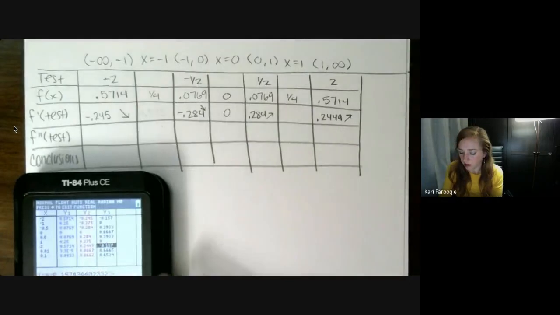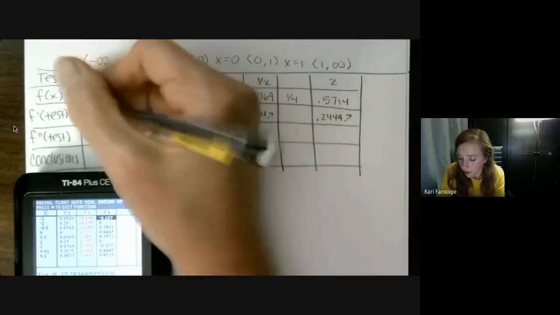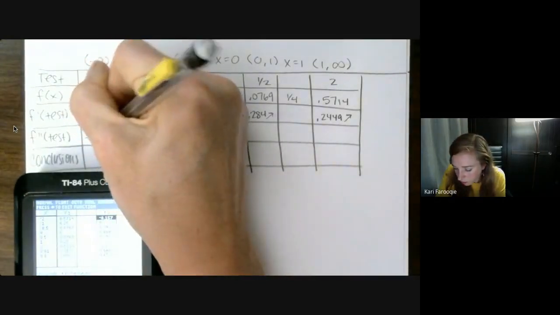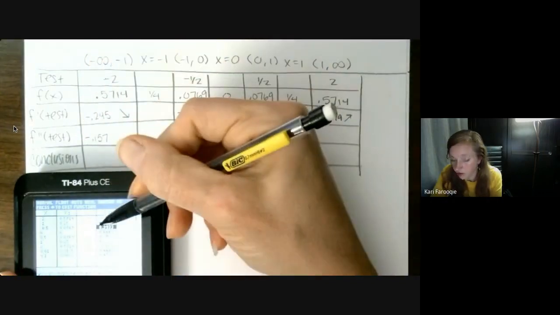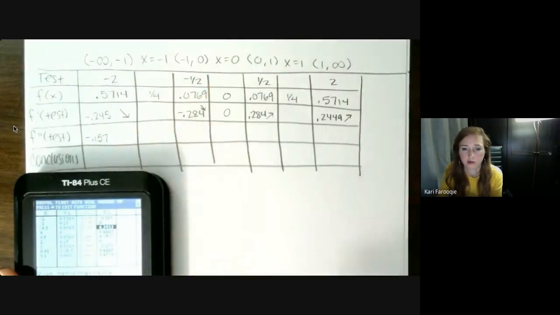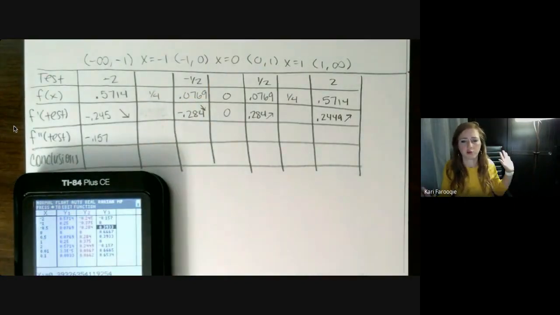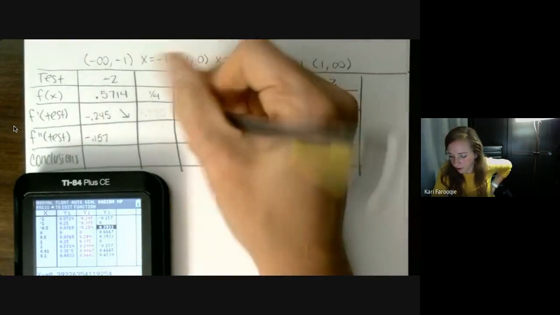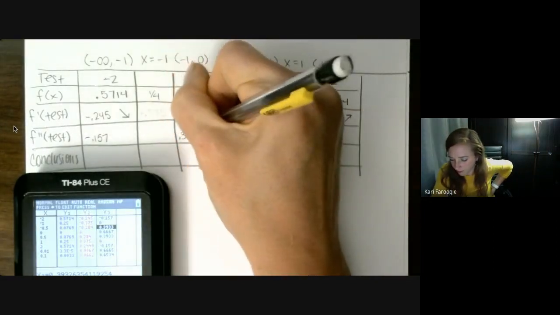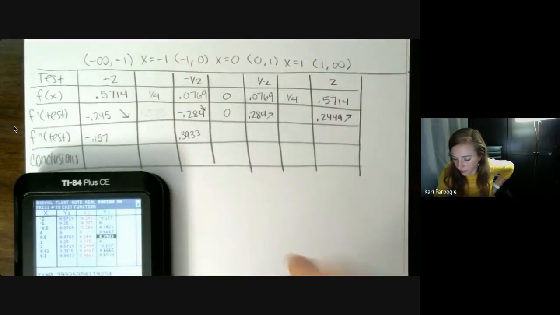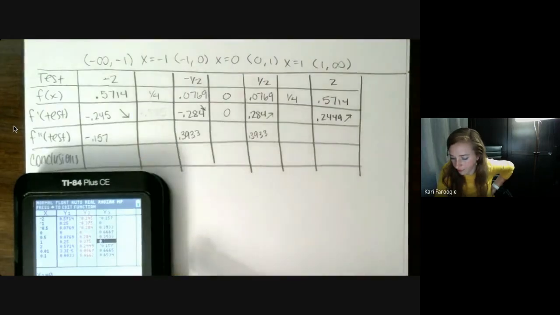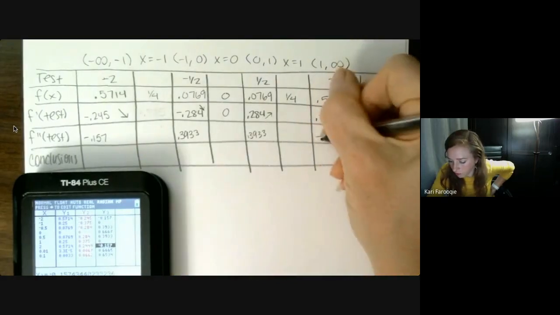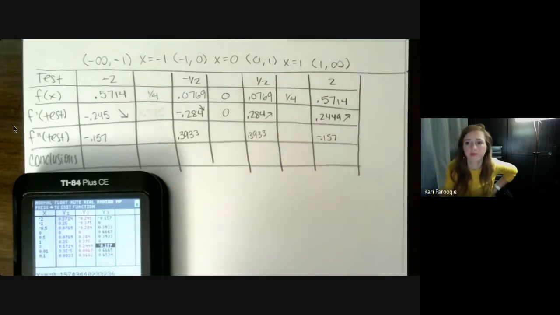F double prime is in column 3, negative 0.157. And again, this is 0 because that's where you got your possible point of inflection from. It all depends on where I put my arm. 0.3933, 0.3933, and negative 0.157.